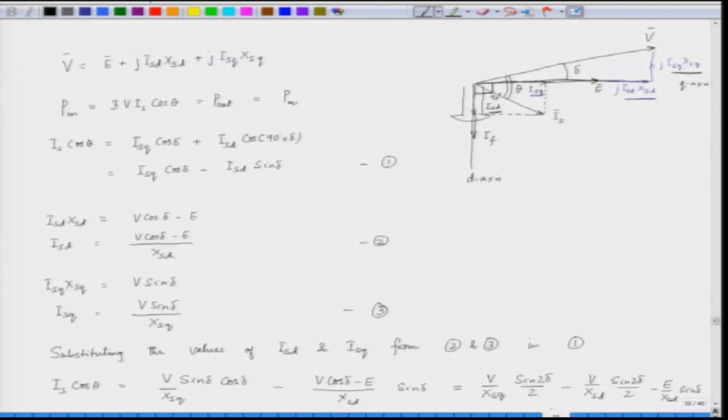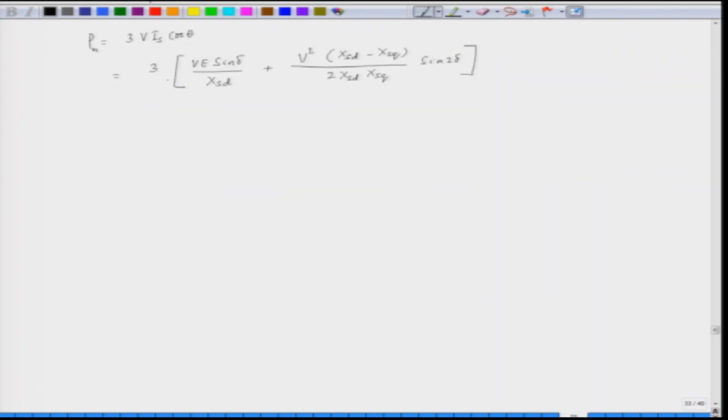So, we have obtained this from the previous equation. Let us call this equation 4. From equation 4, after we multiply with V and simplify, we get the following equation. So, this is the power output for a salient pole synchronous motor.